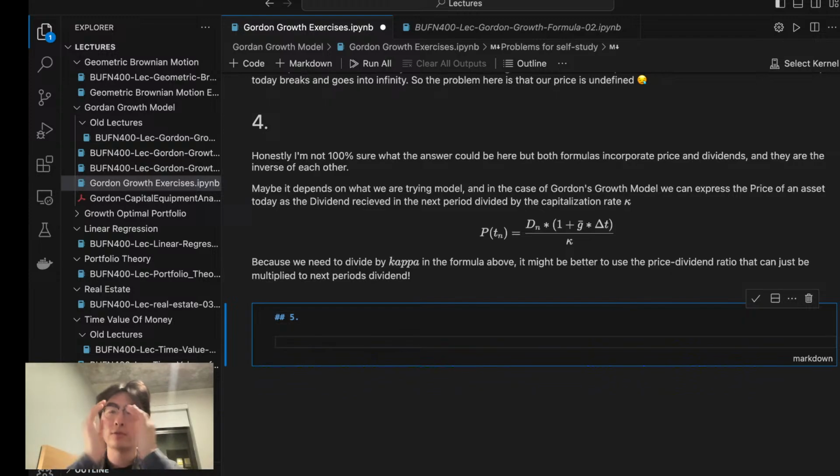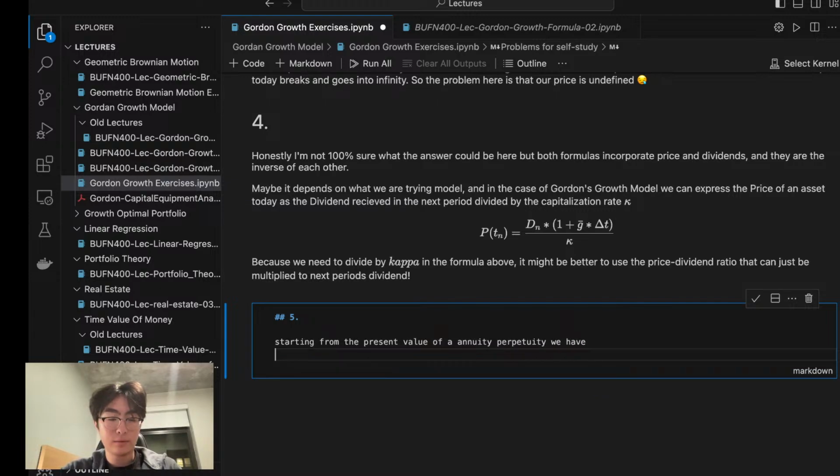So derive the formula for the present value of strips of dividends, defined as d1 through dn. Okay, so I think we can start with the present value of a perpetuity.